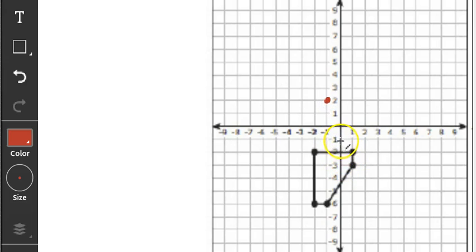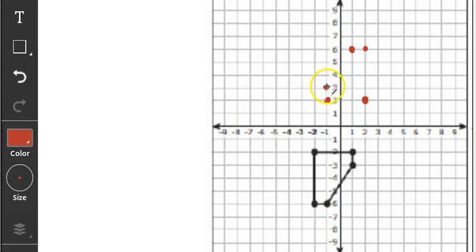So thinking about how that works as it comes around here, that's going to get my other point to -1, 3. And the point that is at -2, -2 will be at 2, 2. And the point that is at -2, -6, it looks like, is going to be at 2, 6. And finally that -1, -6 will be at 1, 6.